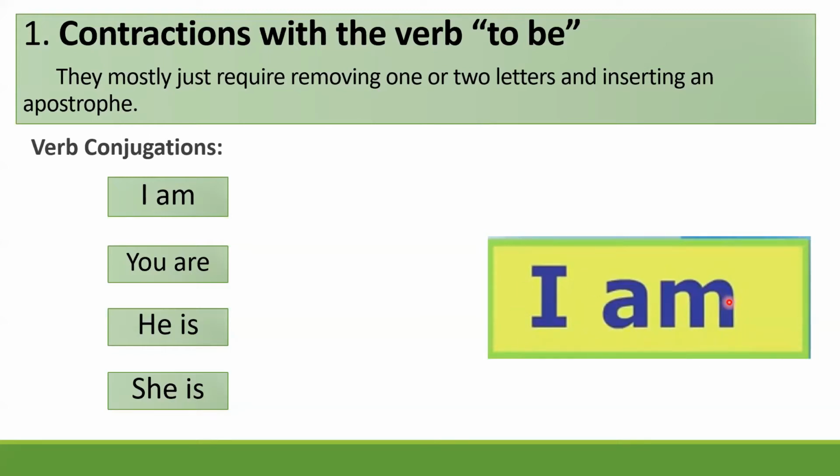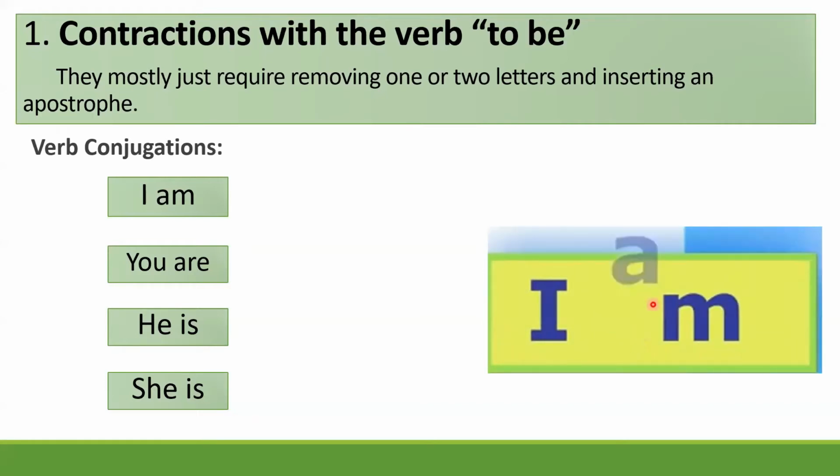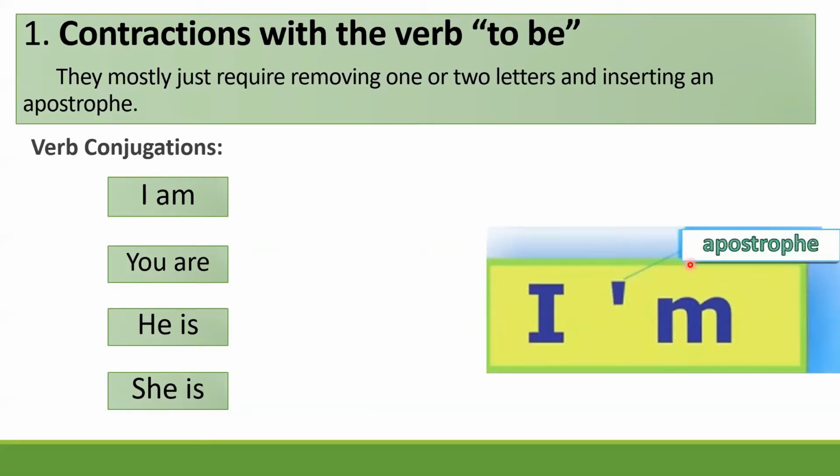The second word is am, and the first letter is A. So we are going to remove letter A, or cross it out, and then replace it with an apostrophe. Then we put this together to form one word. Therefore, the contracted form of I am will now become I'm. All right, do you get it?